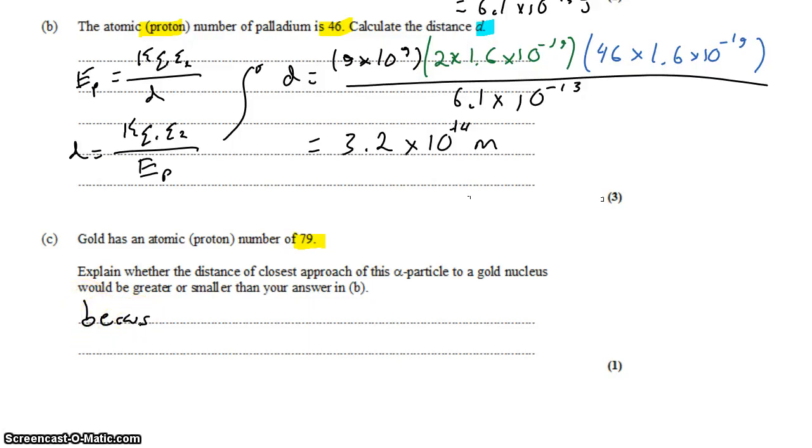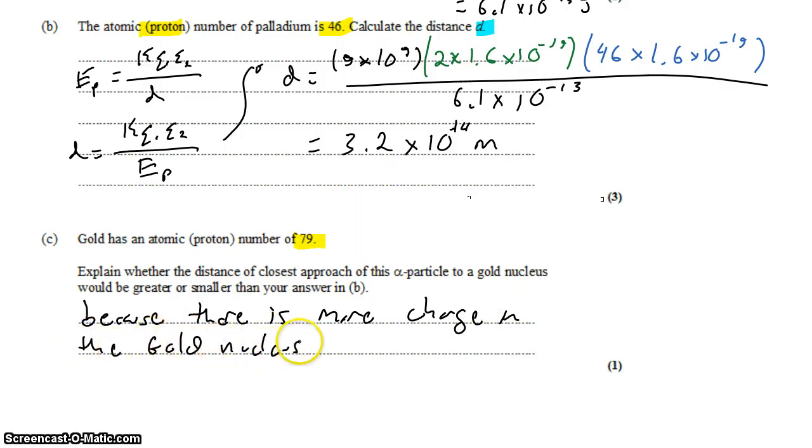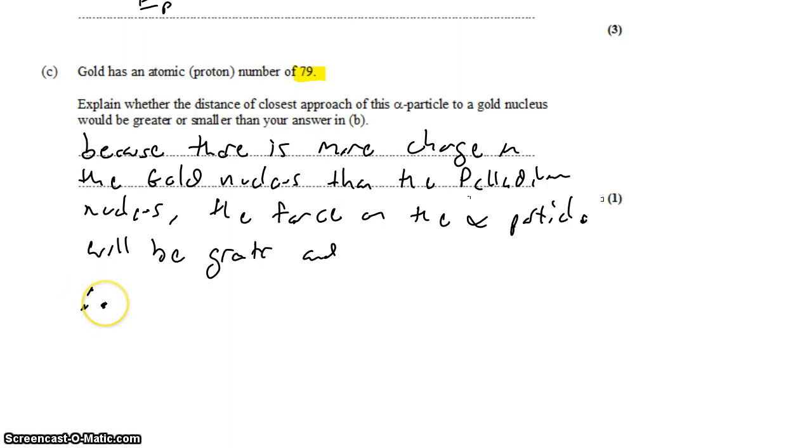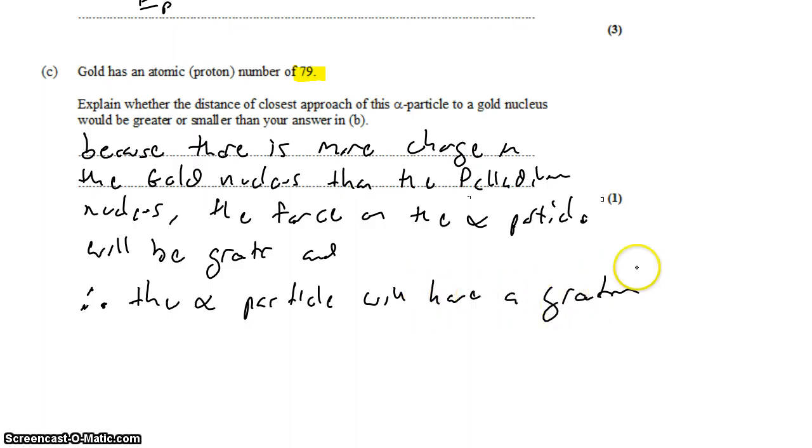So because there is more charge in the gold nucleus than the palladium nucleus, the force on the alpha particle will be greater, and therefore the alpha particle will have a greater distance of closest approach.